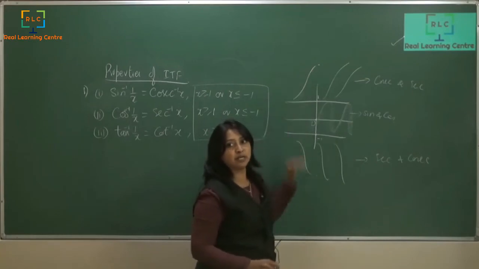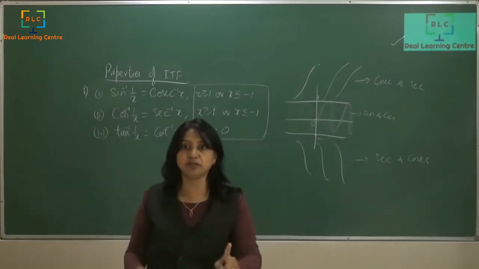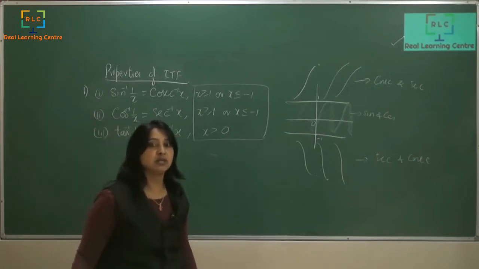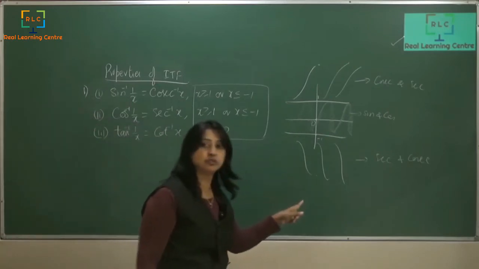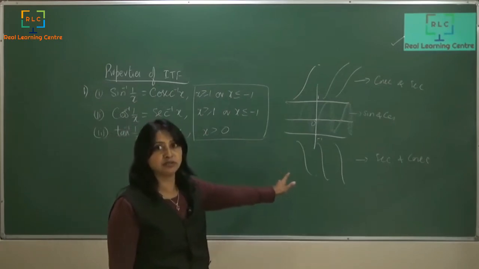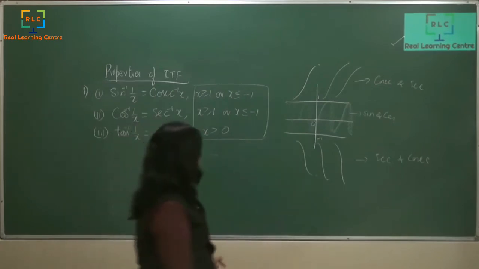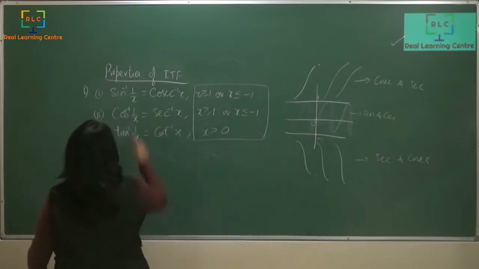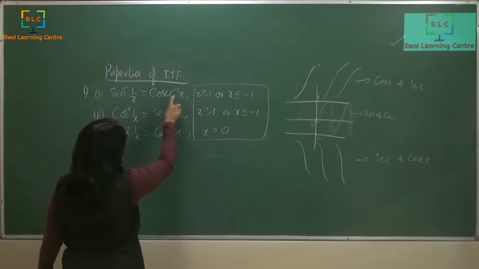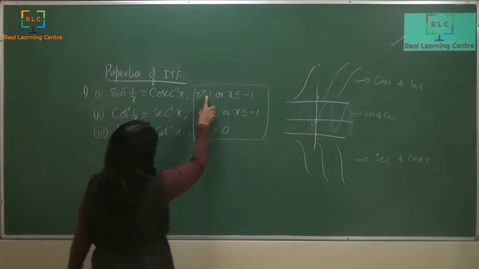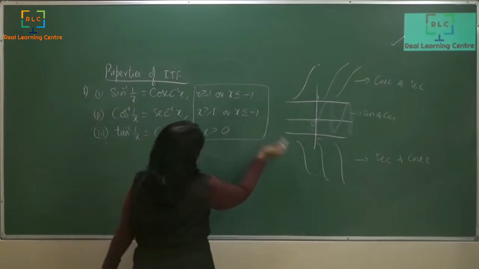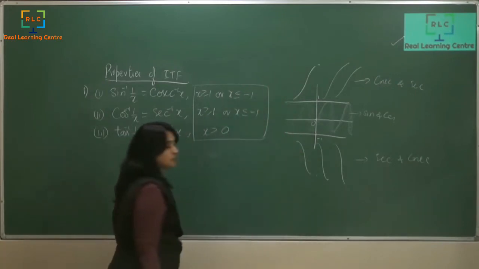The up and down portions are what you have learnt in trigonometry when learning the graphs of trigonometric functions. And now the same thing holds good for the domain and range. I want you to remember it like this. It gets stuck in your head when you think like this. Because sine has its reciprocal, cosecant inverse x lies where x is greater than or equal to 1, or less than or equal to minus 1.